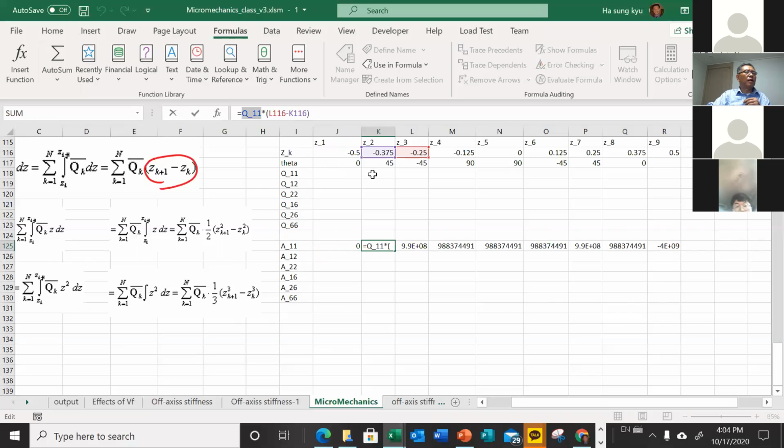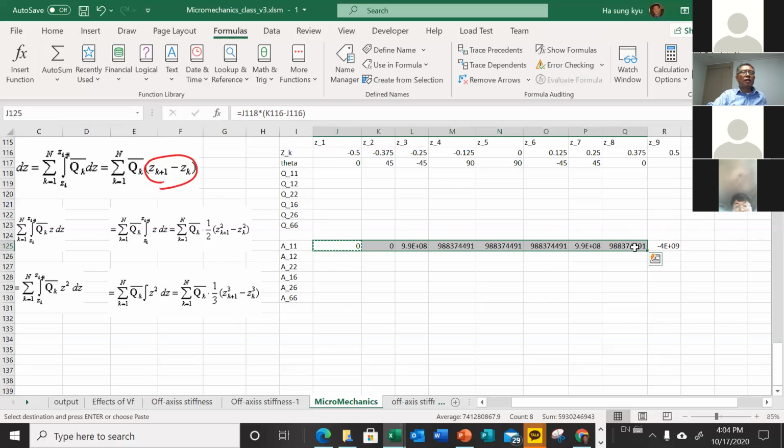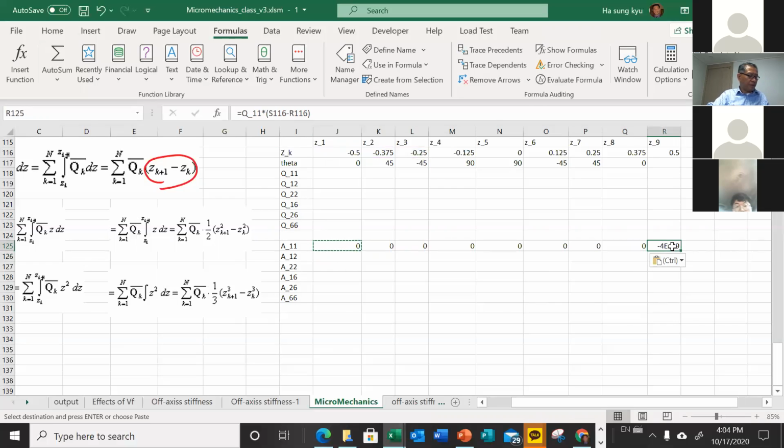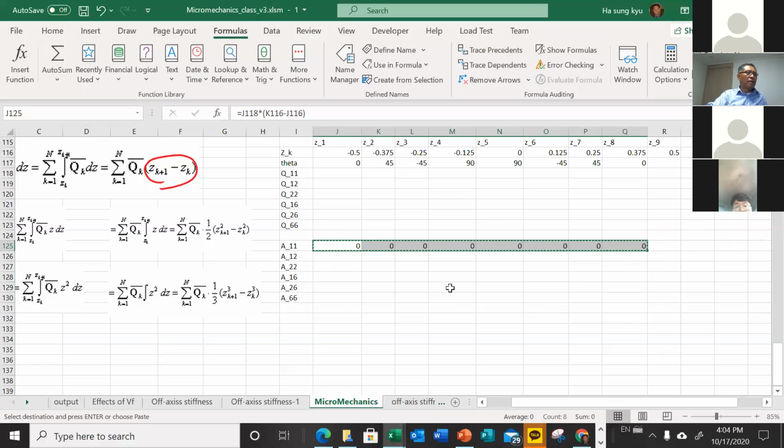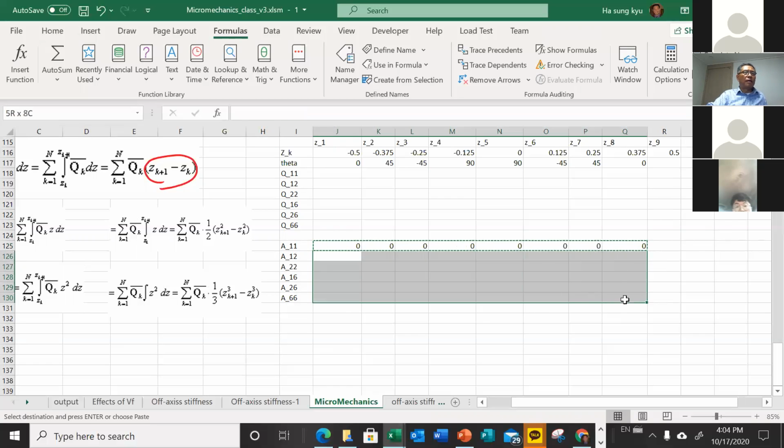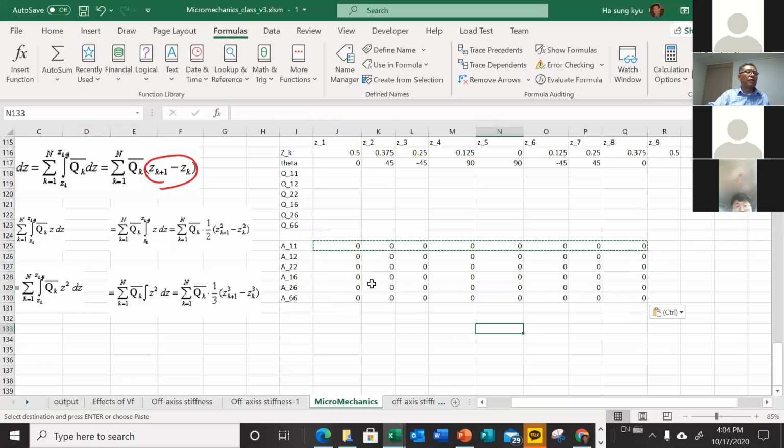Q11 will be this guy. So you calculate up to here, and now A12 will be same as that one. Just so Q11, Q12, Q26 should be calculated from the equation we have, right?